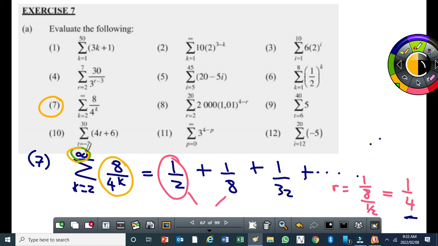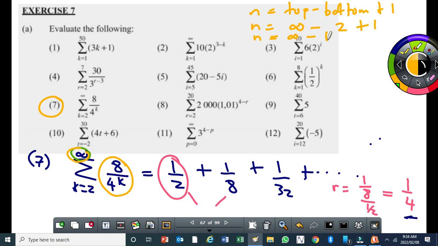So if you try to use the formula n equals top minus bottom plus 1, you won't be able to determine the total number of terms, because you end up having infinity minus 2 plus 1, which means n equals infinity minus 1. And infinity is not an exact value. Therefore, this question is on sum to infinity.